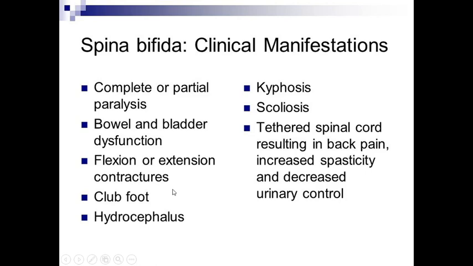So it leads to enlarged head. Then it can give rise to vertebral column abnormalities, abnormal bending in the vertebral column like kyphosis and scoliosis, the forward bending and the lateral bending of the vertebral column. And then since it's something wrong in the spine, it can obviously give rise to back pain and spasticity of the muscles. So these are the clinical symptoms of spina bifida.